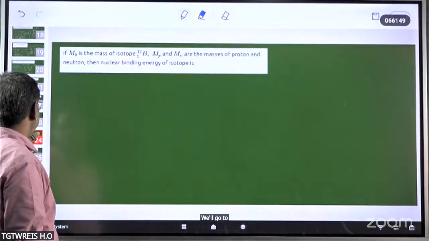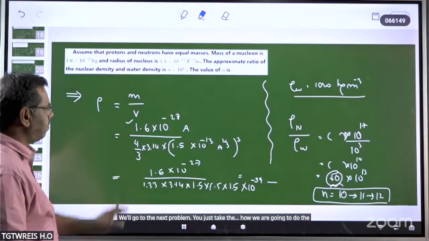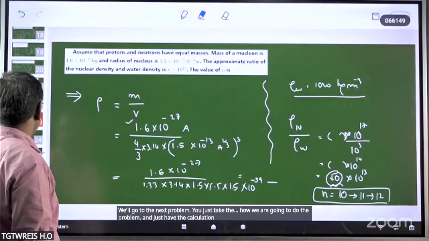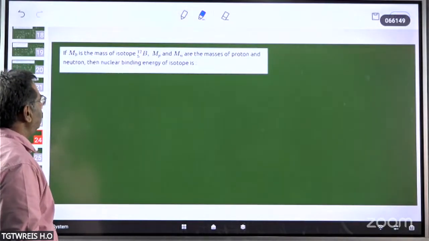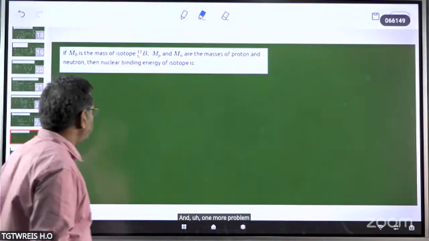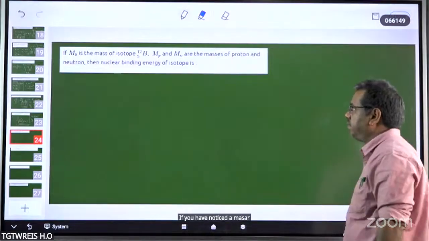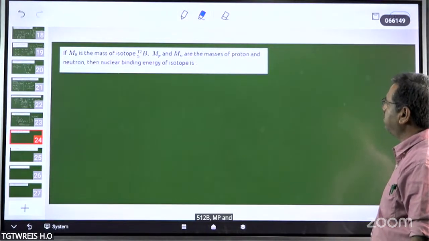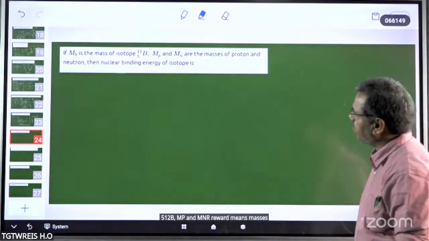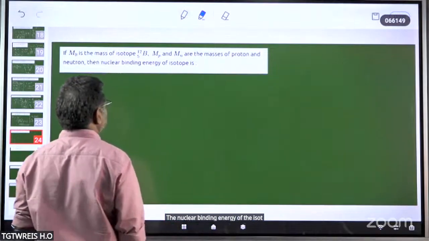We go to the next problem. Just decide how we are going to do the problem, and do the calculation later. One more problem based on the binding energy. If M0 is the mass of the isotope of boron-12 (5B12), and Mp and Mn are the masses of proton and neutron, then the nuclear binding energy of the isotope is equal to how much?